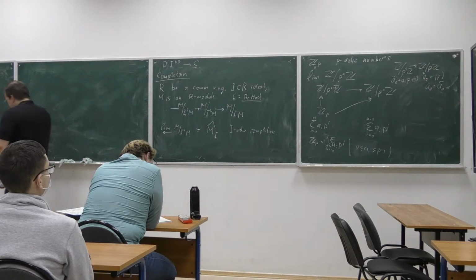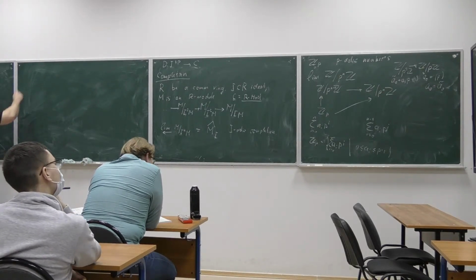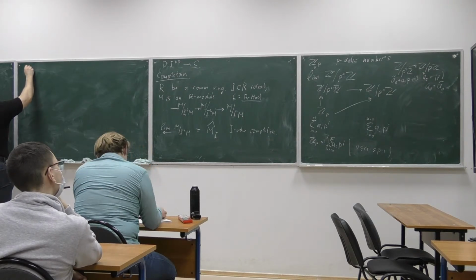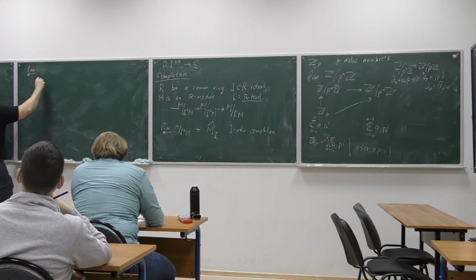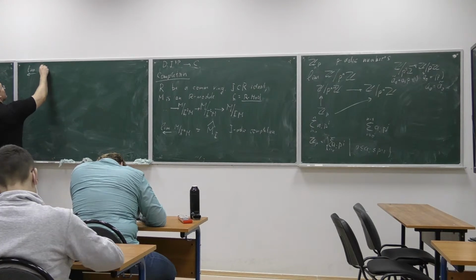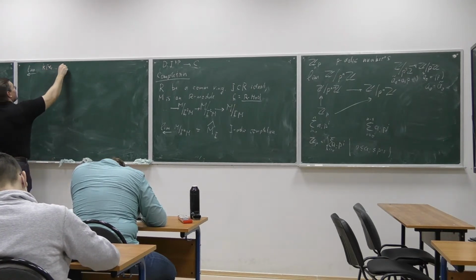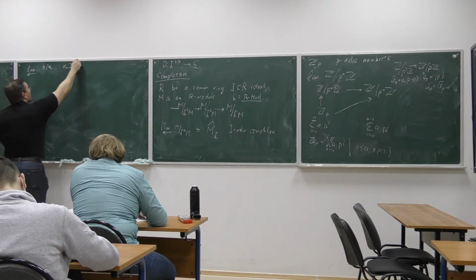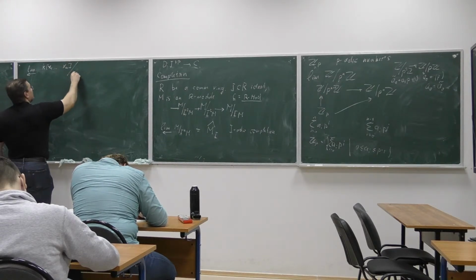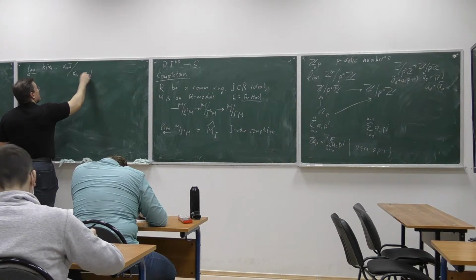Okay, and another example, which might be a little easier to understand: take an inverse limit in the case where you take polynomials in variables modulo the ideal generated by all these variables.